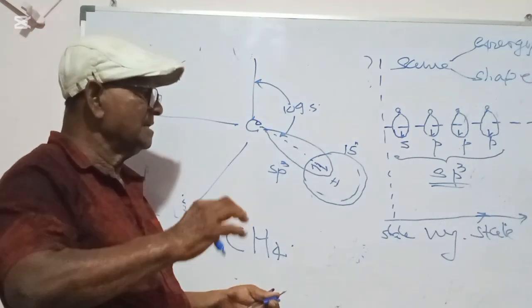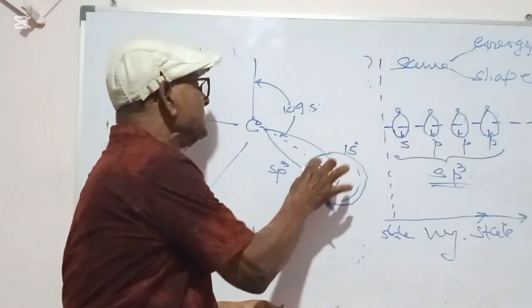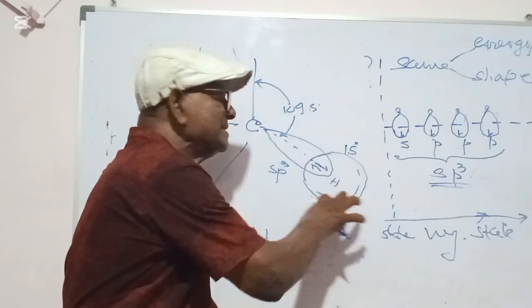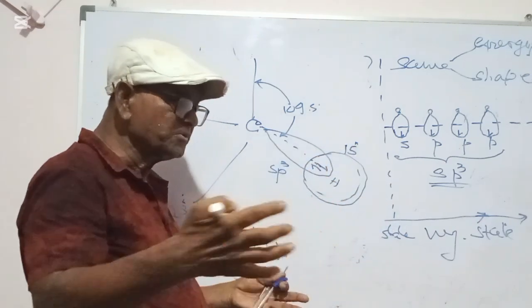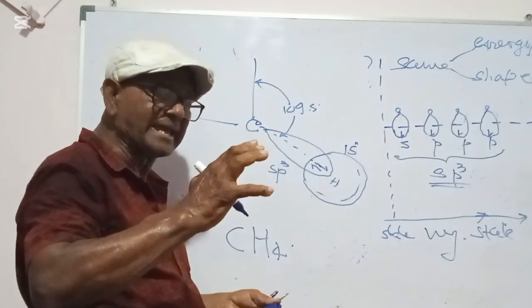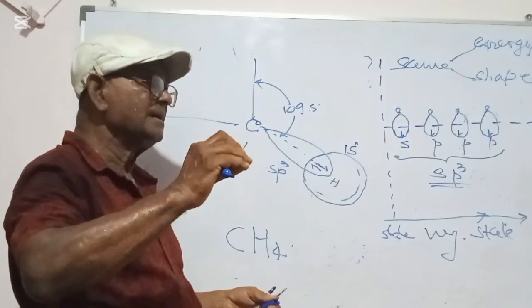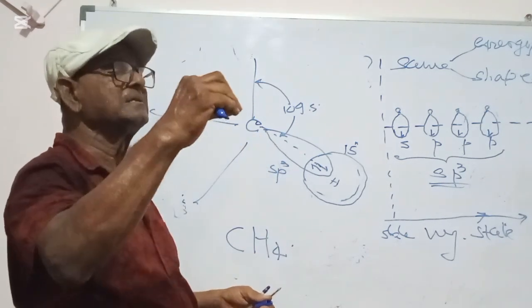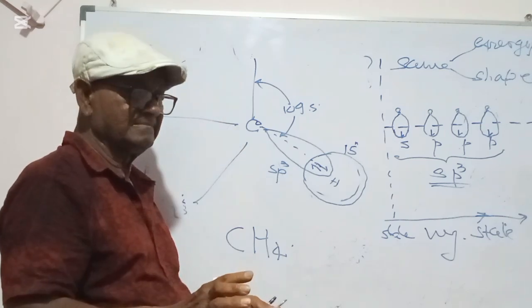But hydrogen has only 1 electron in the s orbital, so it does not need any rearrangement. You must know that hydrogen never undergoes hybridization.